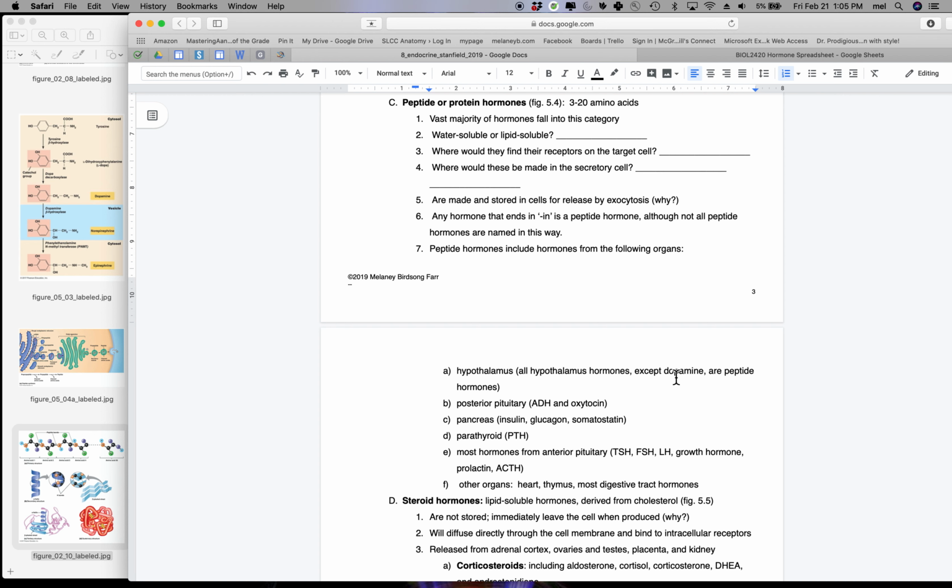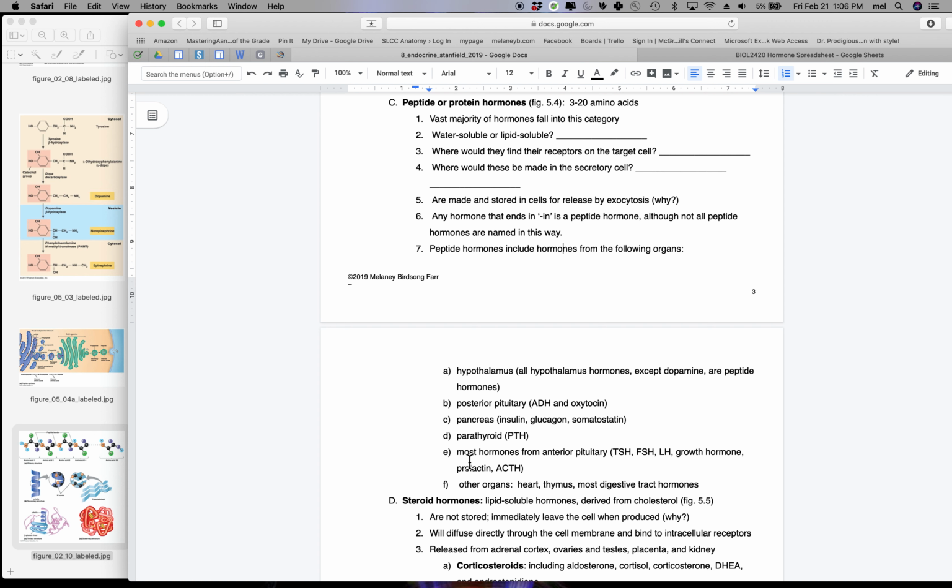And then the posterior pituitary secretes 2 hormones called ADH and oxytocin. Both of those are peptides. The pancreas secretes 3 hormones, insulin, glucagon, and somatostatin. Those are all peptides. The parathyroid gland secretes PTH, which is a peptide. And most of the hormones from the anterior pituitary. I only say most because we don't learn all of the anterior pituitary hormones.